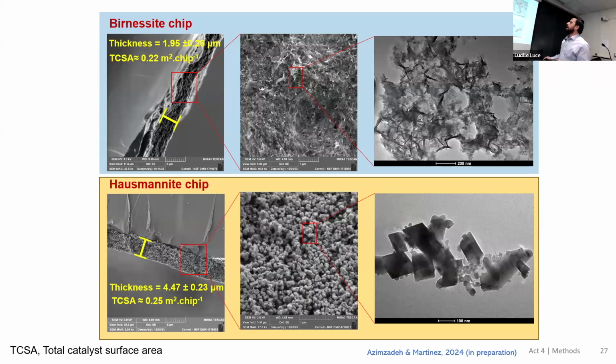So they have different amounts of manganese oxide at the surface, but what's very important is the surface area. The internal surface area, or total catalyst surface area, is almost similar now. So they're going to have a fair condition in terms of surface area. And these two are TEM images of those crystal-like particles.